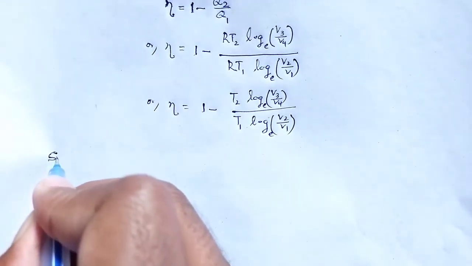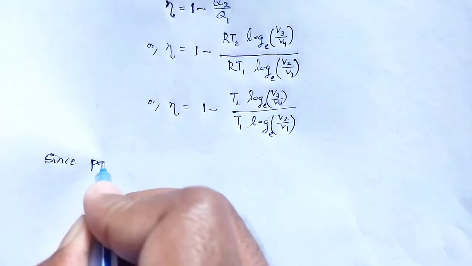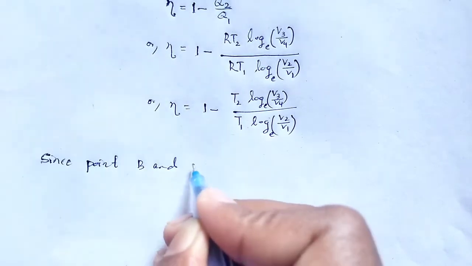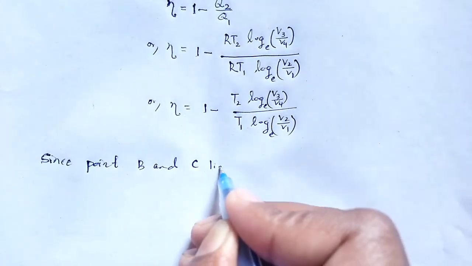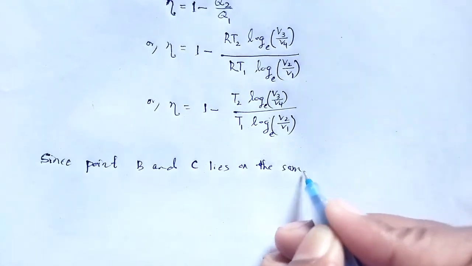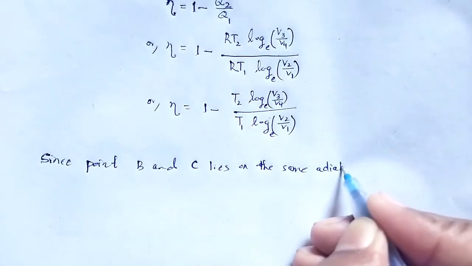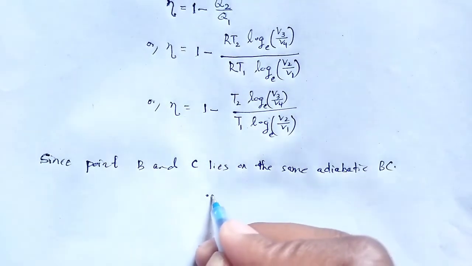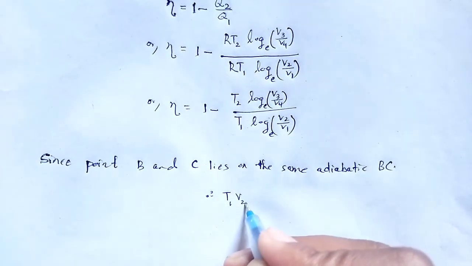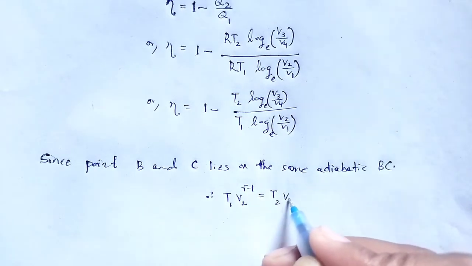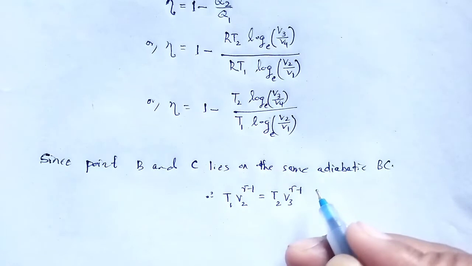since points B and C lie on the same adiabatic BC, therefore we have T1 V2 to the power gamma minus 1 is the same as T2 V3 to the power gamma minus 1.